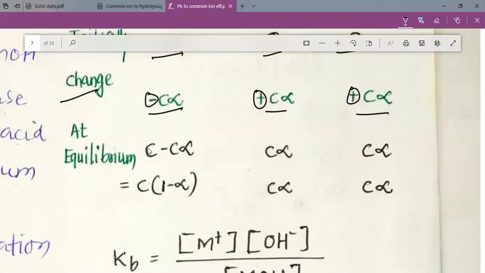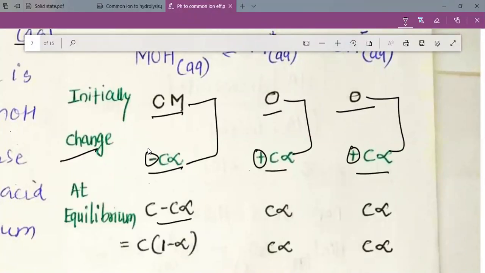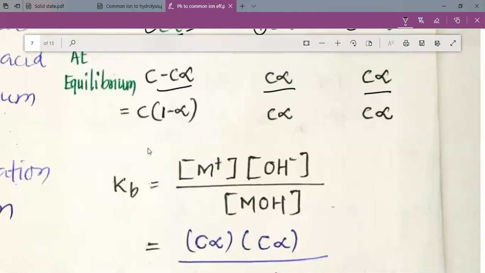At equilibrium, we sum both to write the final concentrations. C minus C alpha, here 0 plus C alpha, that is C alpha, and here 0 plus C alpha, that is C alpha. Taking C common from C minus C alpha, we get C into 1 minus alpha.